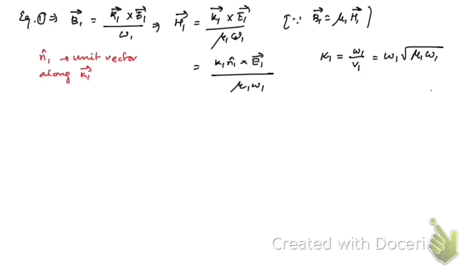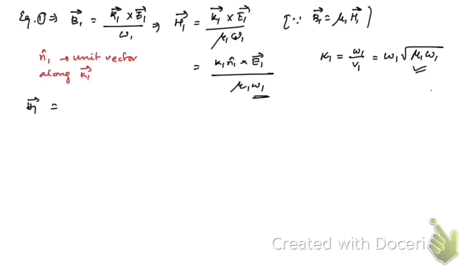That's what we're going to have. So if we use these values, then this H1 is going to be equal to, we're going to replace this k1 by this value, and then this omega 1 will cancel this omega 1, and we get root over epsilon 1 and mu 1.